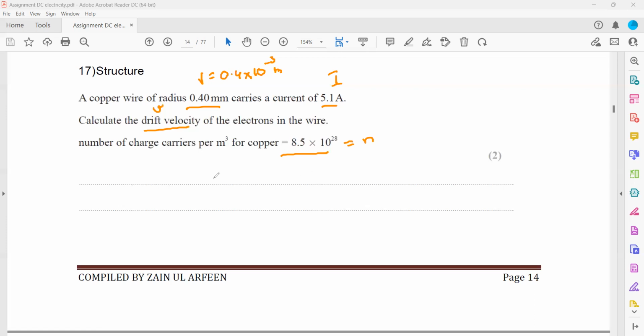So we have the formula, the transport equation, I, the current, is equal to n A Q v, where I is the current, that is 5.1. And n, the number of charge carriers per unit volume, is 8.5 into 10 to the power 28. A is the area of cross section of the wire, which is pi r square.